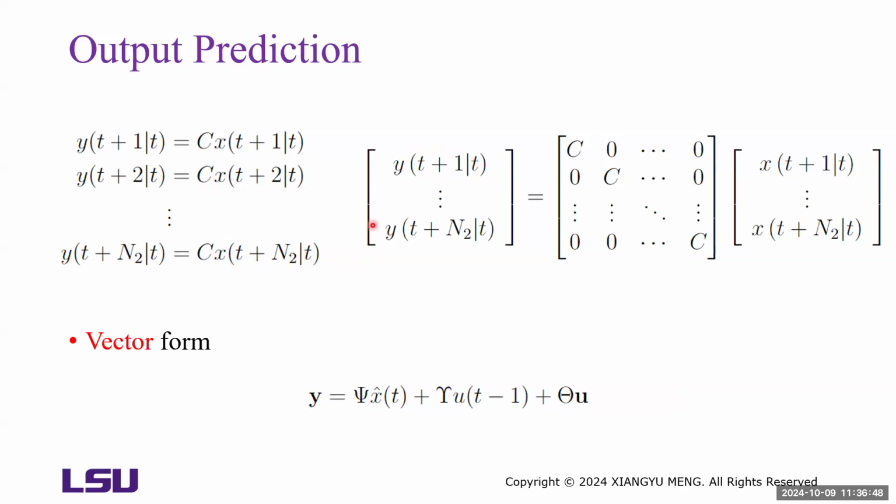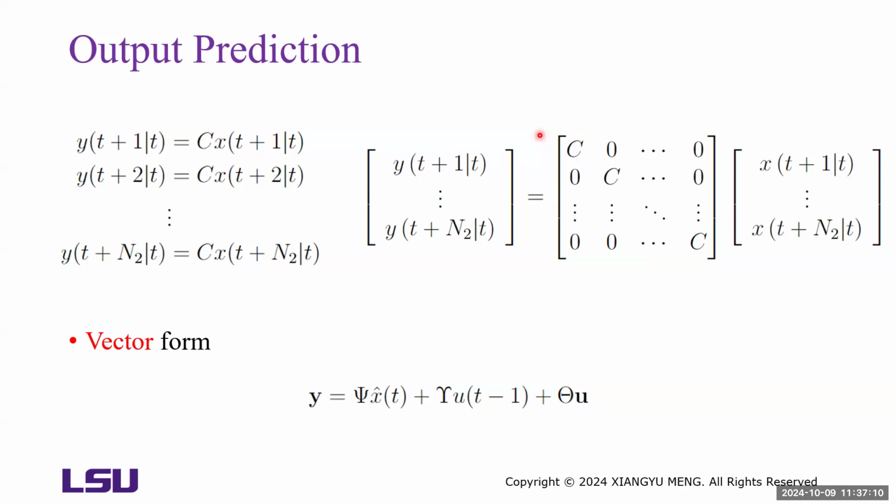Therefore, if we write this in vector form from y at t plus 1 until y at t plus n2, it will be a block diagonal matrix with the c's on the diagonal, multiplied by the states. So the predicted output can be written in this form.